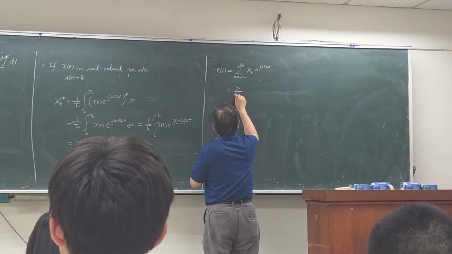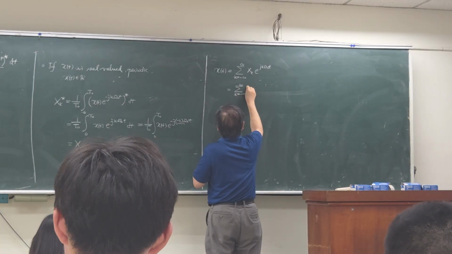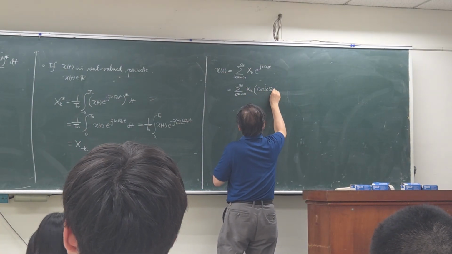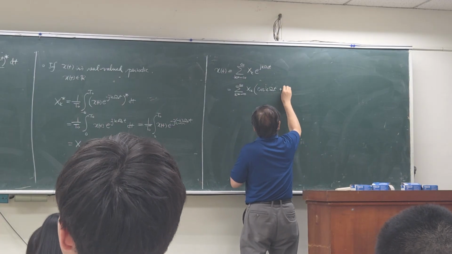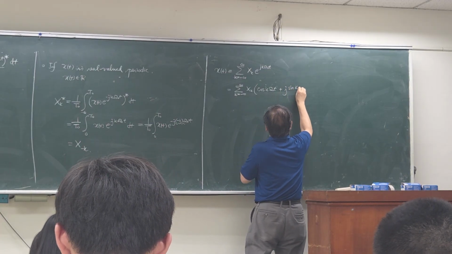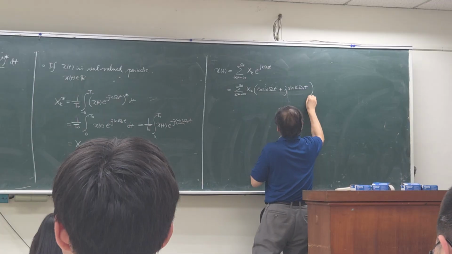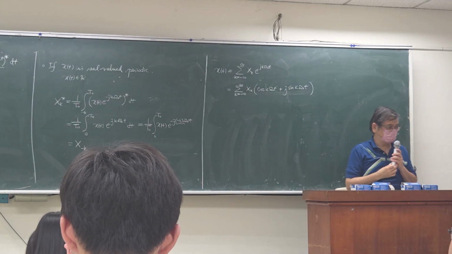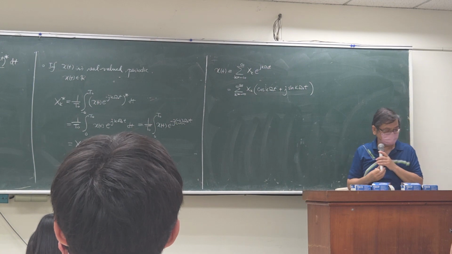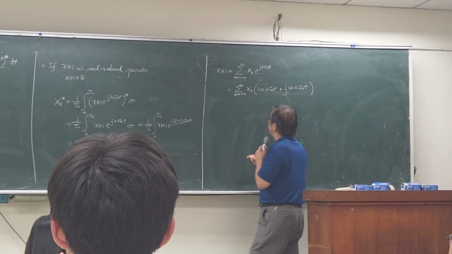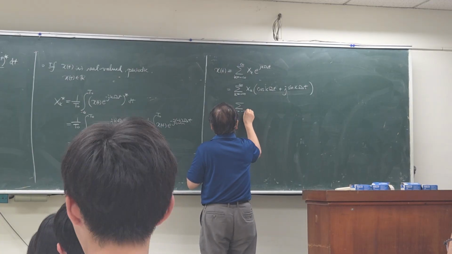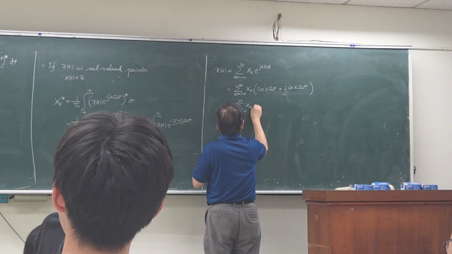Then this also can be replaced by cosine k omega sub 0 times t plus j sine k omega sub 0 times t. Alright, so now I'm going to split the two terms.